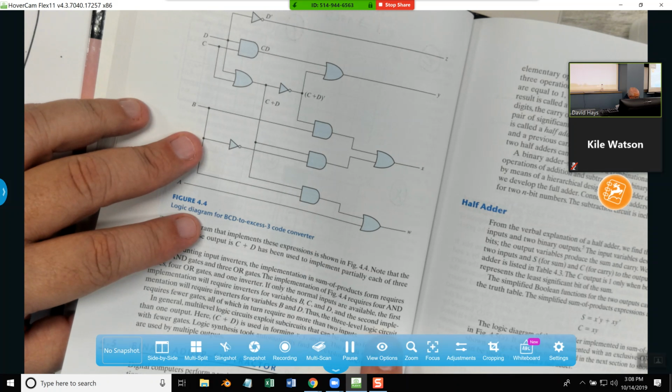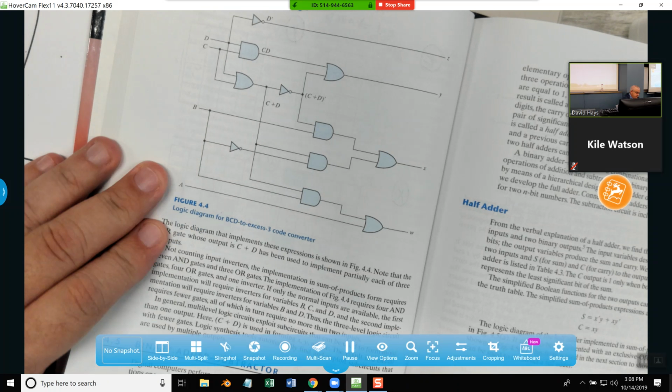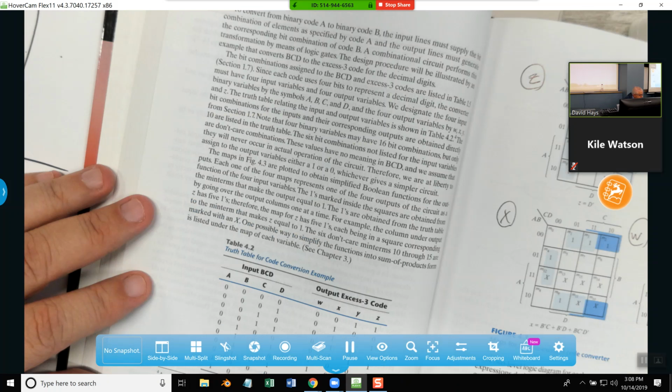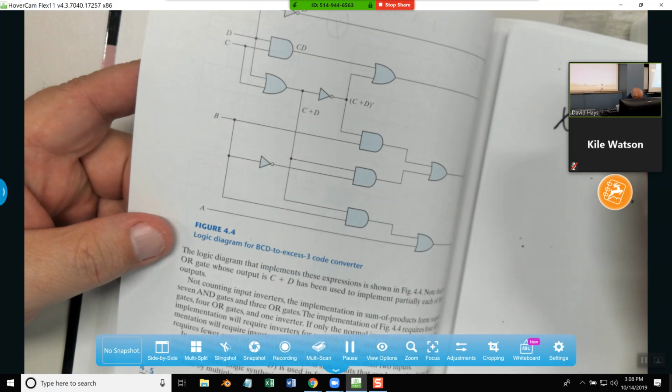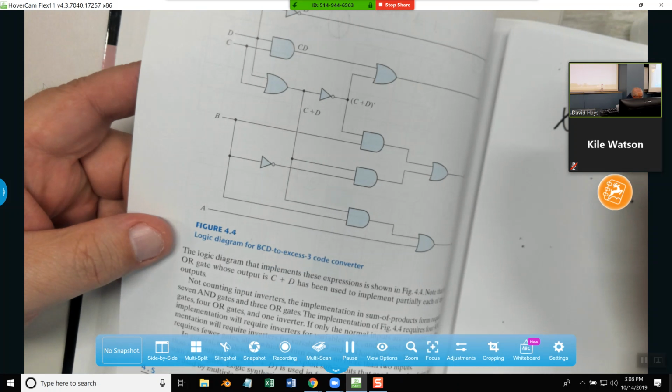Here's X coming in, and here's an OR. But right away, what catches my eye is there's only two lines coming into it. Okay.